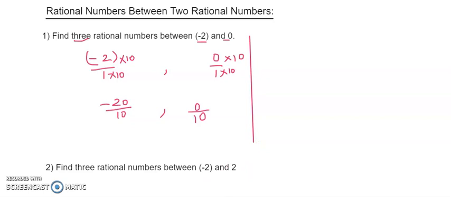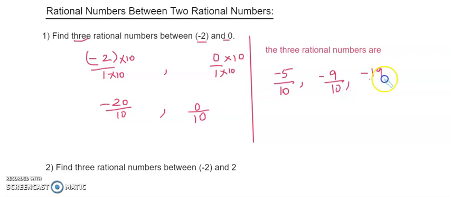So I'm taking my own three rational numbers, like I'll be taking -5 over... Now the denominator should be same for all the rational numbers that you're finding. -9 over 10 and -19 over 10. The rule is the numerator should lie between 0 and -20 and the denominator should all be 10. Why did I multiply 10? To make it a bigger number.